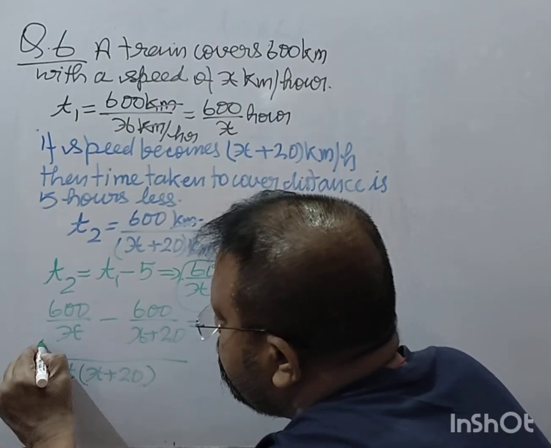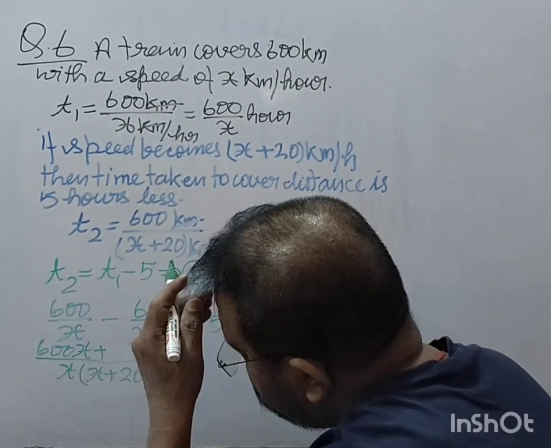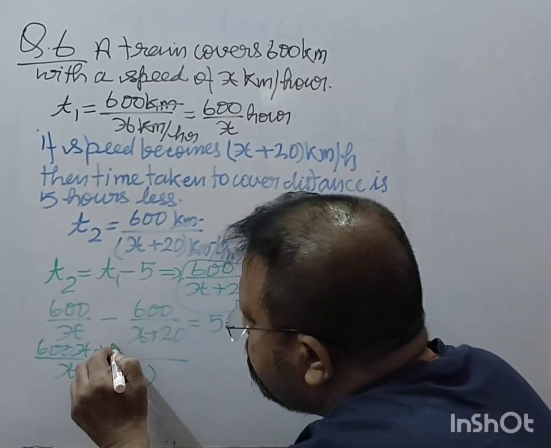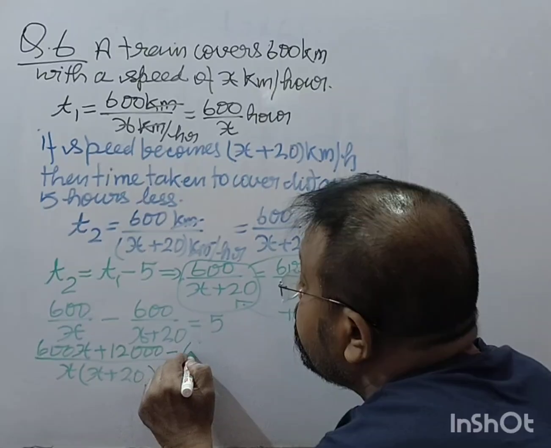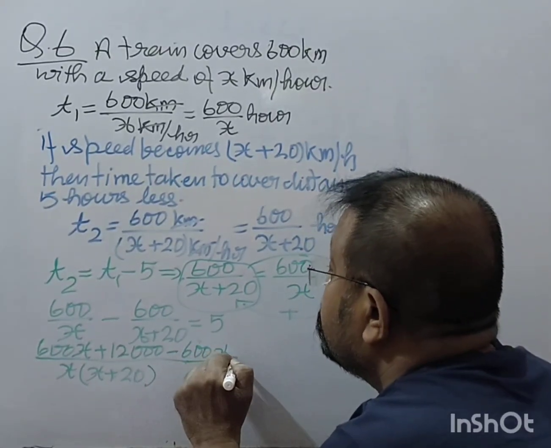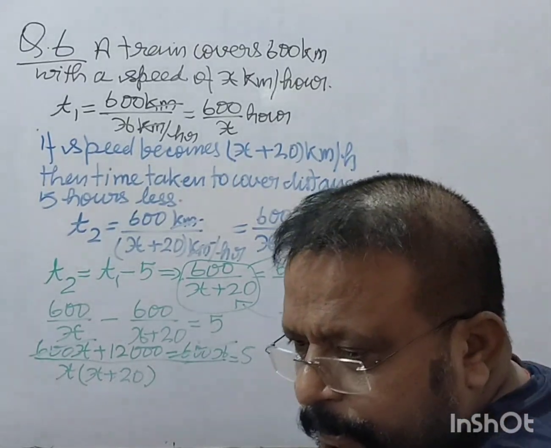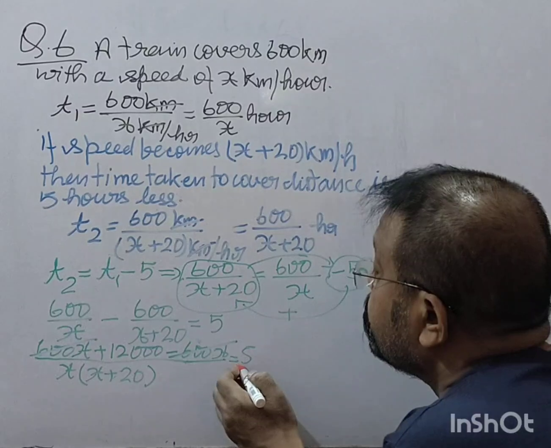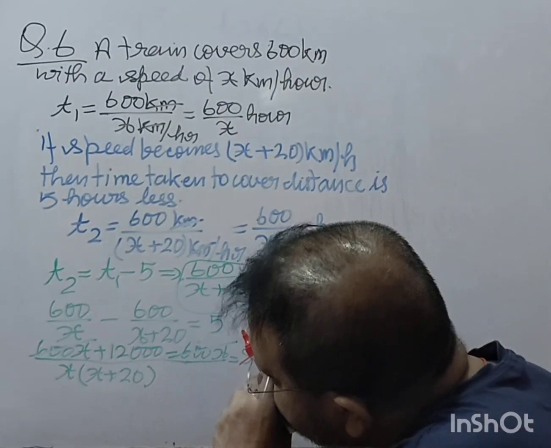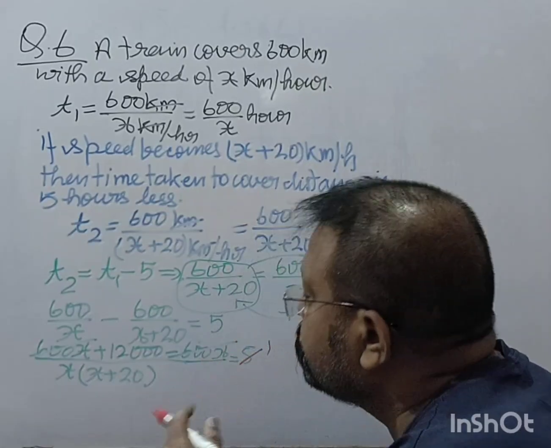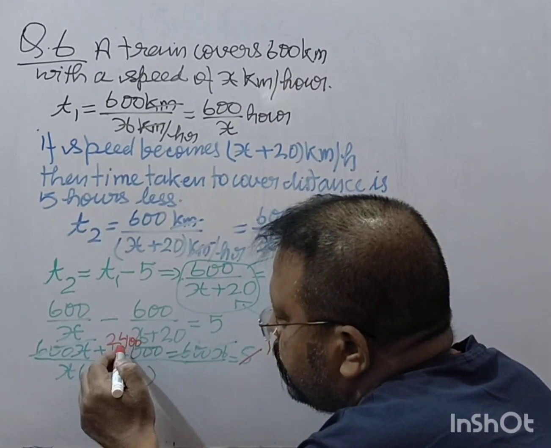This x cancels, this becomes 600 times x plus 20, it becomes how much? 12,000 minus 600x is equal to 5 times x bracket x plus 20. So this plus 600x minus 600x is gone, and you know this, one time 5 becomes 5, and this is 2 times 5 becomes 10, 4 times 5 becomes 20, and 20. You get it like this?